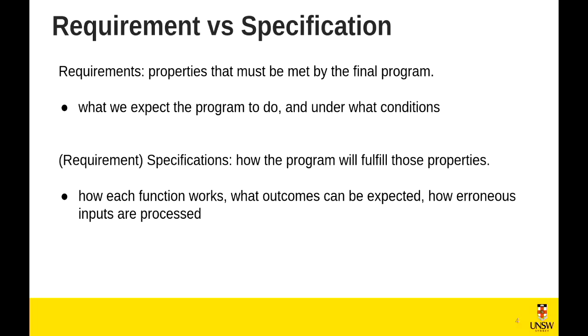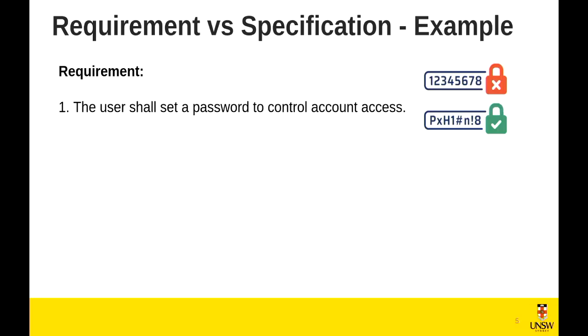Specifications are related to how the program will fulfill these properties of the requirements, so it is more detailed. You can imagine it could describe how each function works, what outcomes are to be expected, and how errors are handled by the program. So let's have a look at an example to better understand the difference between specifications and requirements.